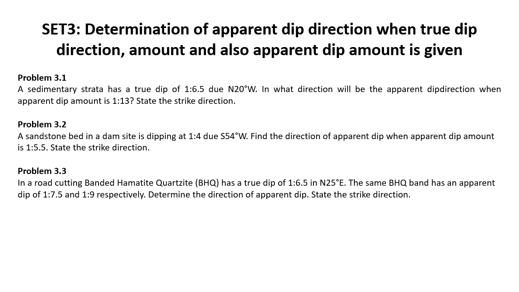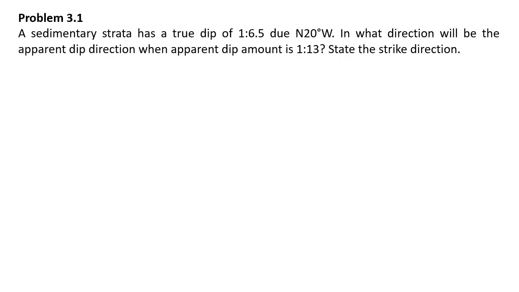Here the apparent dip amount is given, and the amount and direction of true dip are given, and we are going to determine the apparent dip direction. There are three problems here, problem 3.1, 3.2 and 3.3. So we will see the first problem.